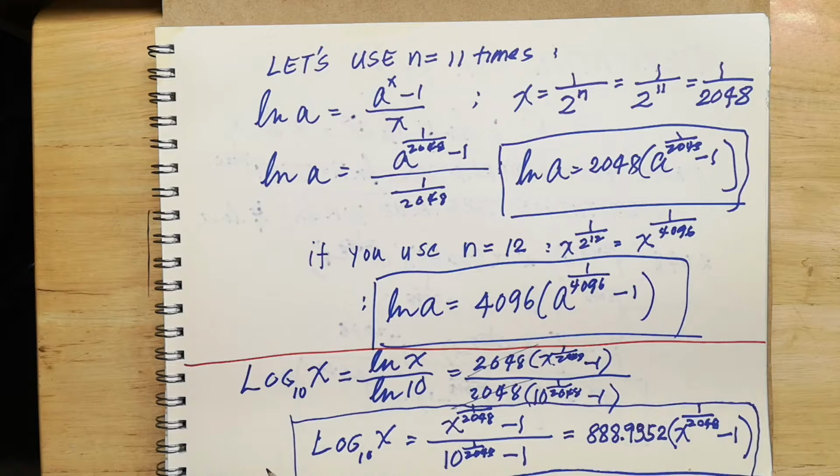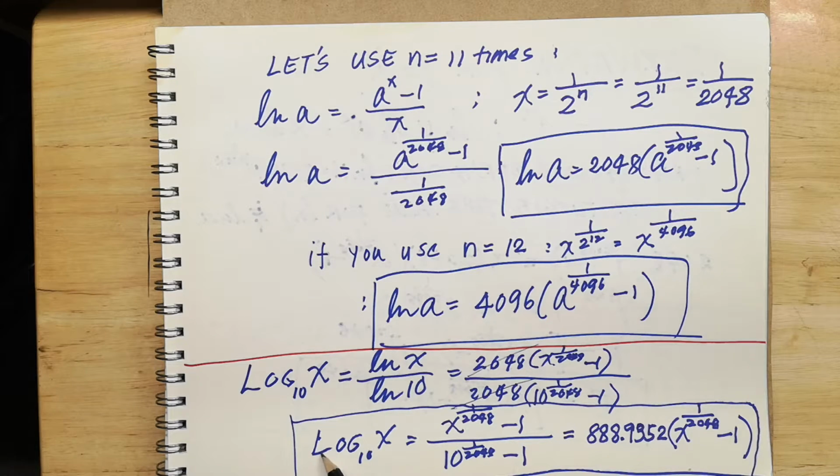So regarding the log of x to the base 10, you can calculate that as equal to ln of x divided by ln of 10. And if we use the previous formula, that's 2048 times x to the 1 over 2048 minus 1, divided by 2048 times 10 raised to the 1 over 2048 minus 1.